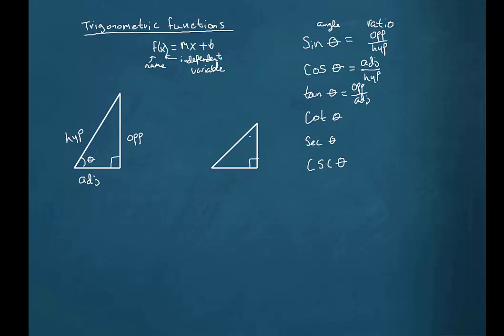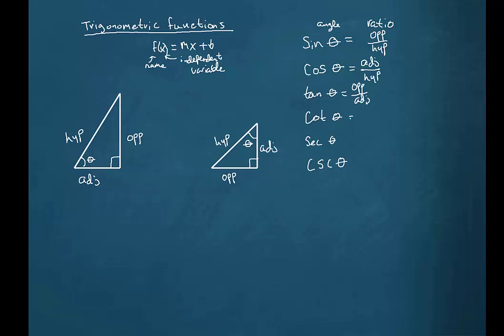If we designate this angle as theta, then this side would be the opposite side, this side would be the adjacent side, and this side would be the hypotenuse.